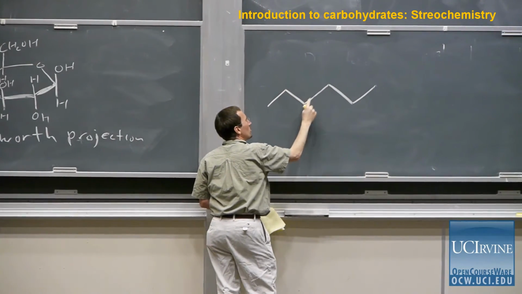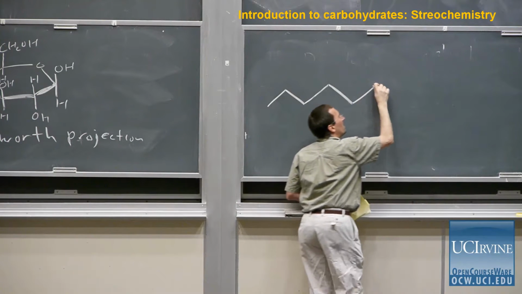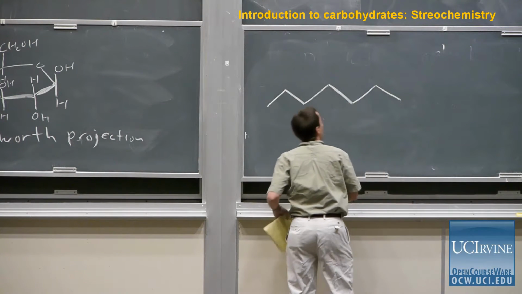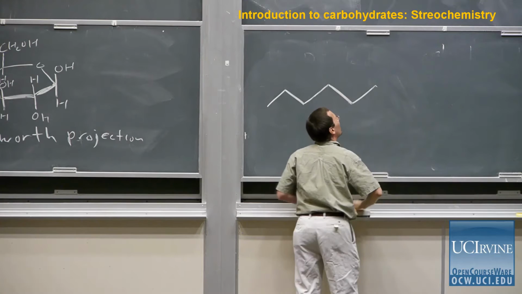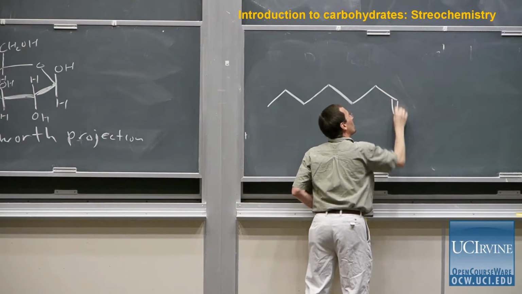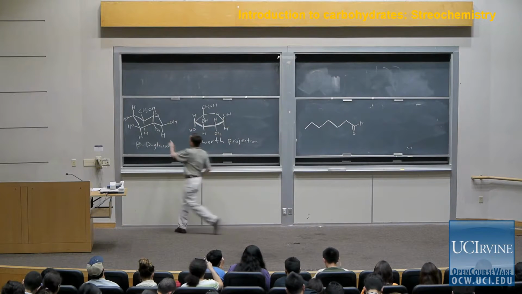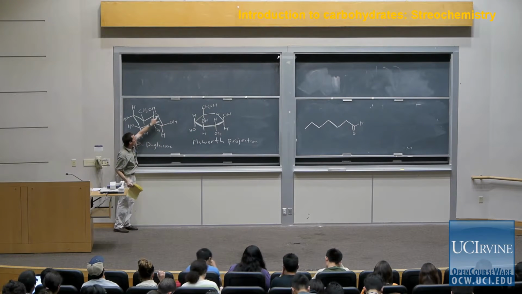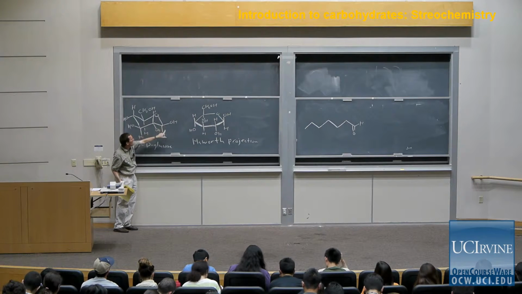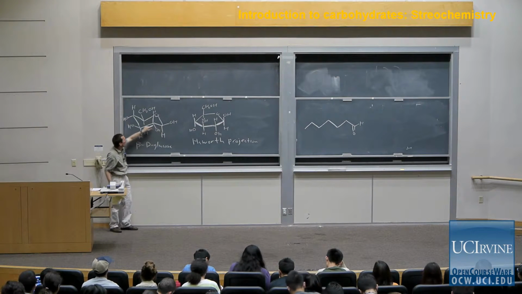So one carbon, 2, 3, 4, 5, 6. And let's start with the aldehyde carbon here. Remember, I'm just opening the hemiacetal structure, so that's going to be the aldehyde.